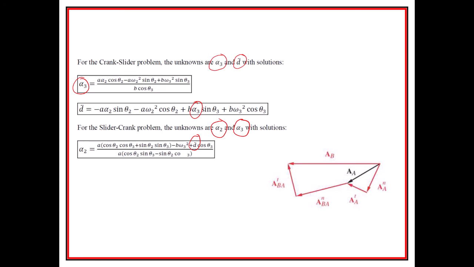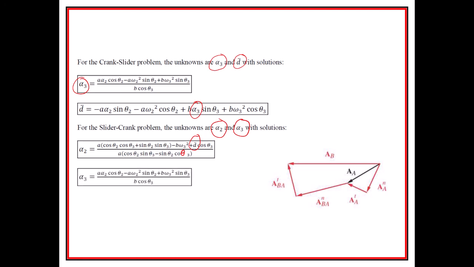The slider crank, they show theta 2, and I mean alpha 2. Alpha 2, it should have the cosine of theta 3 in the denominator. I don't know why that's randomly not there.